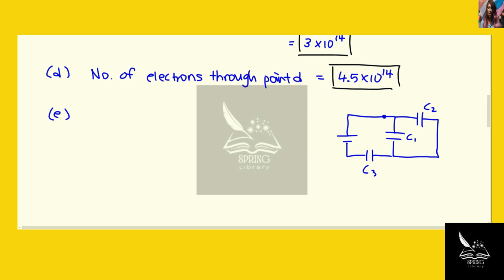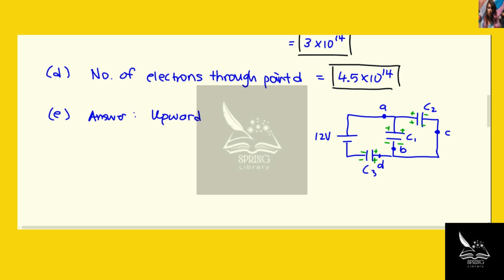This is our point A, C, B, and D. And I also drew on the charges on the plates. Based on the polarity of the plates, you can tell the direction of electrons through point B in part E. The answer is upward.